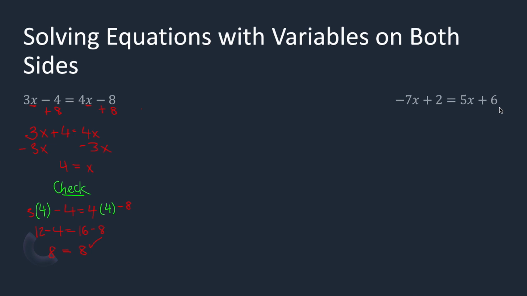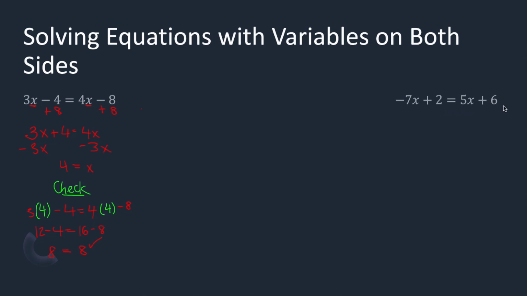So you can do this either way, but I prefer to move the constants first and then move the variables and keep everything as positive as I can. So keep as little negatives as possible. So I would prefer to move 2 to this side, but then I would have to move 5 to this side, and that just gives me a bigger negative.